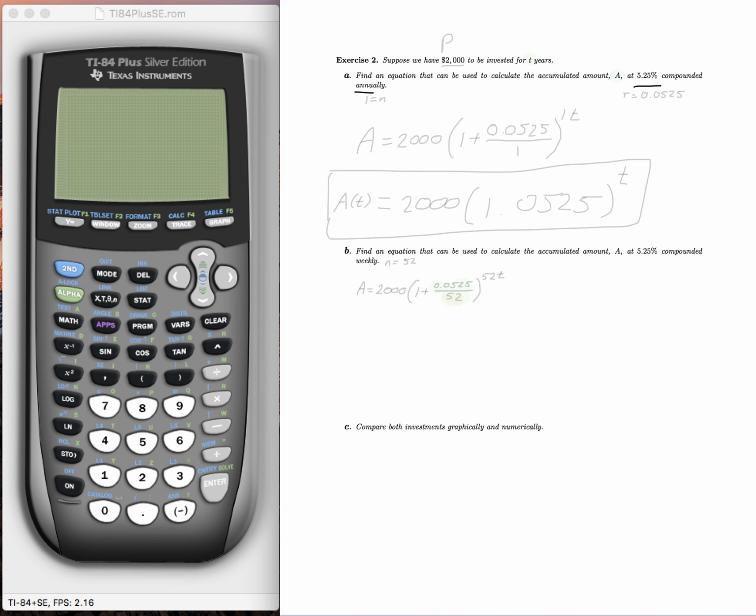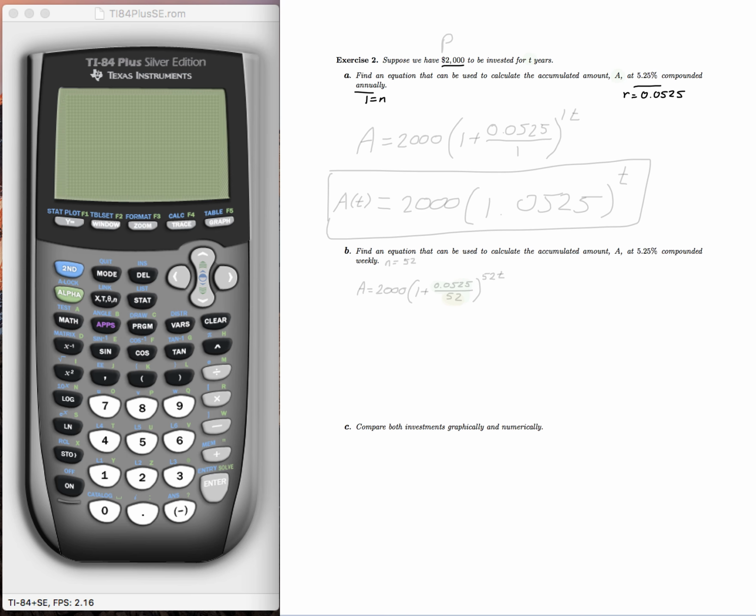Alright, so what do we know here? Well, annually means we're going to have one compounding per year, so that would be n equals 1. We also know the rate at which we're going to invest is 5.25%, so we could say R is 0.0525. I always want it in that decimal form. And we are told that we're investing $2,000 for T years.